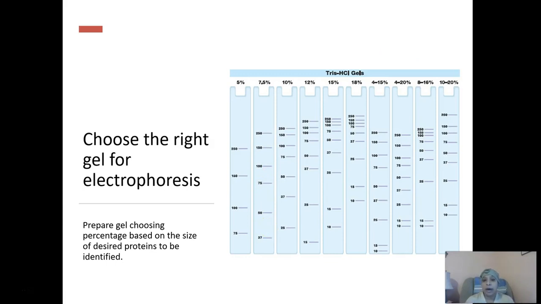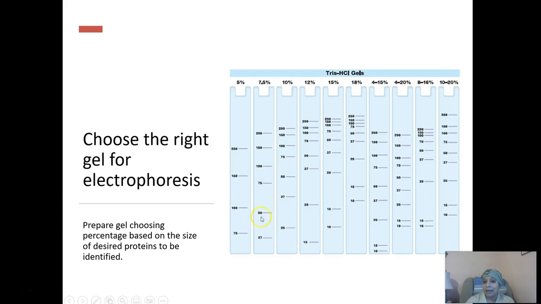For example, if you have 3 proteins that you have to detect and they're all between 37 and 50, you want to choose a gel that's going to resolve them as best as possible. So for example, 12% versus 10%, the 10% gel is giving you more space. The 7.5% is giving you even more space.